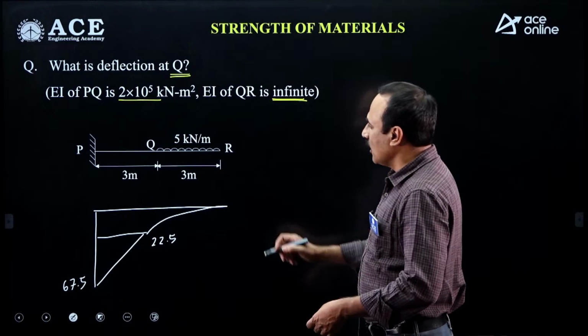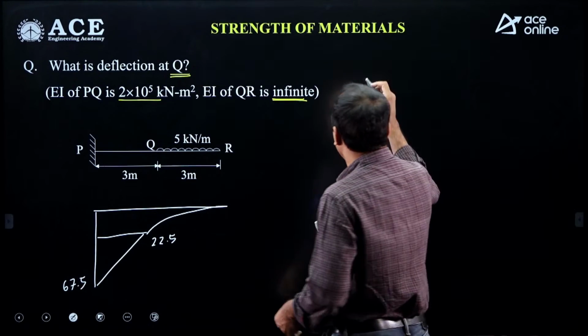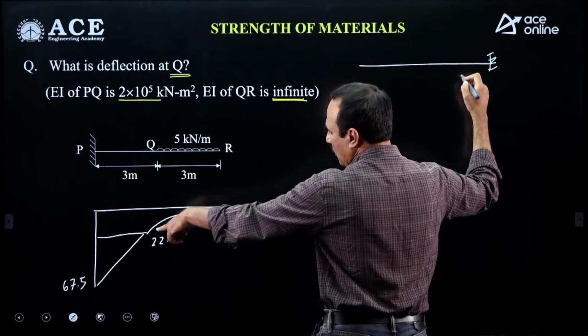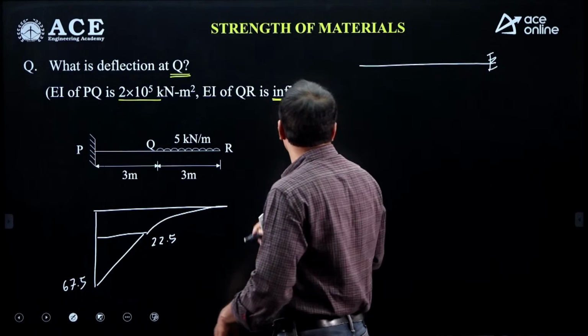If you make the conjugate beam for this, fixed becomes free and free becomes fixed, and you apply the M by EI diagram.